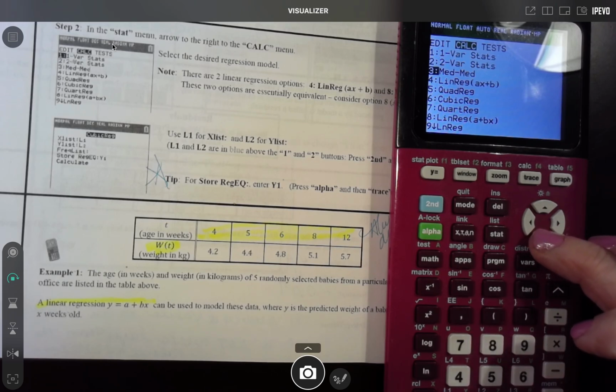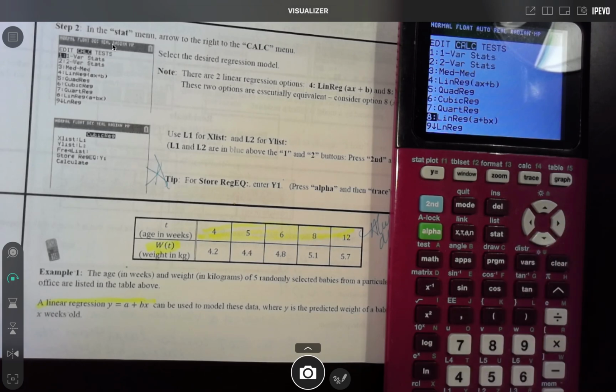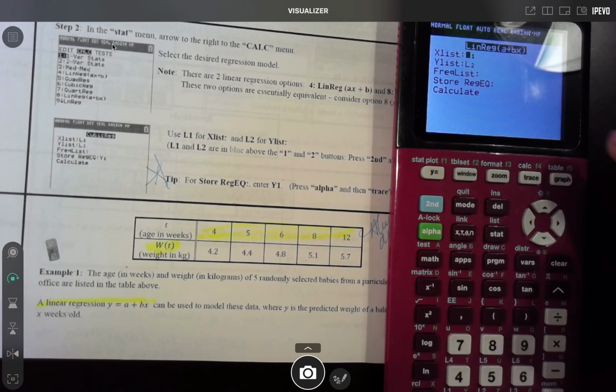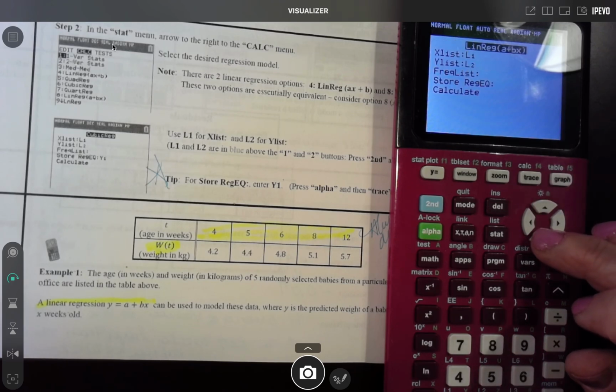So if you can see, this is linear regression ax plus b, which is what you're used to, y equals mx plus b, the a is the m. Option 8 gives it a different way. It just gives you the constant first, the y-intercept first. So we're going to pick 8 and hit Enter. Now, it lets you pick what lists you want. So you're going to go to list 1 and list 2, which is right.